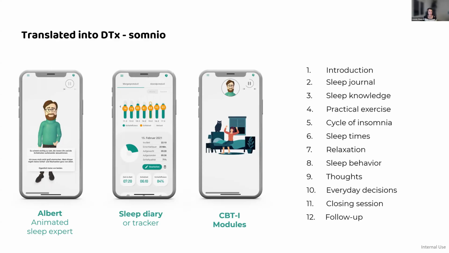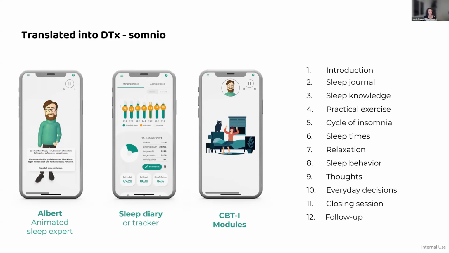But I also had the chance to test a few of the other digital applications, and they are all pretty similar. So most of them deliver CBTI content on a modular basis. Sleep tracking in form of a diary is always essential. Some applications offer tracker connection, so for example, with an actigraphy device like Fitbit, Garmin, or maybe an Apple Watch.